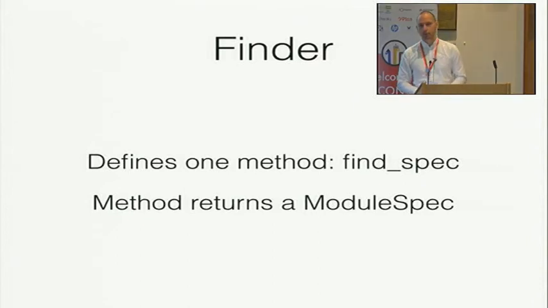A module spec is the import system's representation of something that will become a module. Its attributes translate directly into whatever will end up in the module's dunder attributes, so __file__, __name__, __path__, and so on.